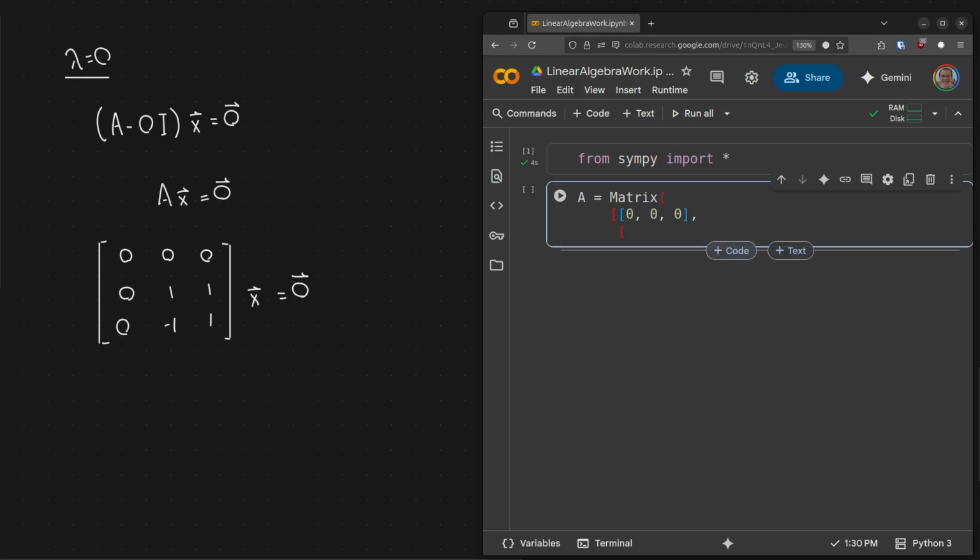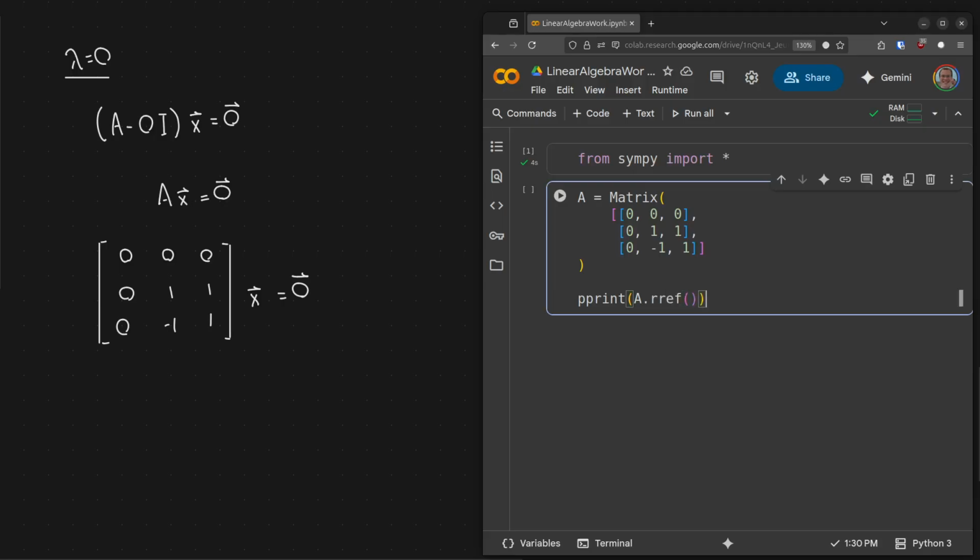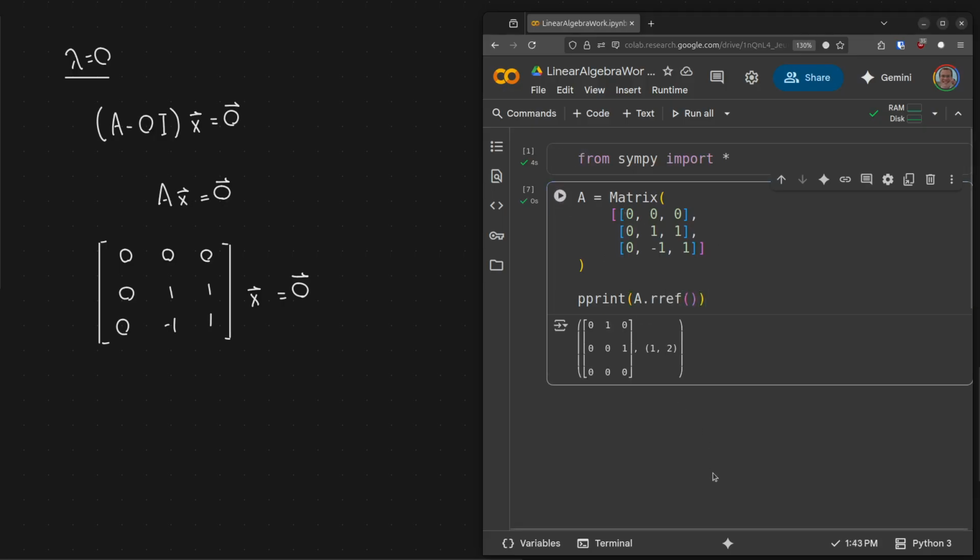Row 1, row 2, row 3, plugging it into our calculator. And so the reduced row echelon form is this matrix here.